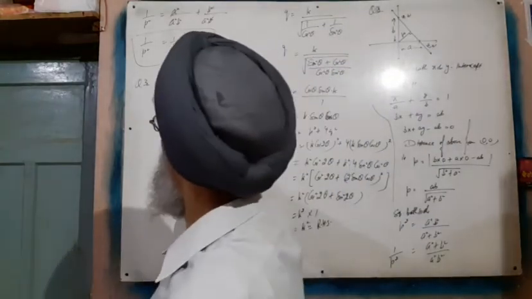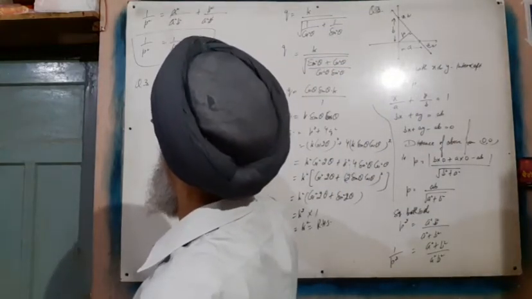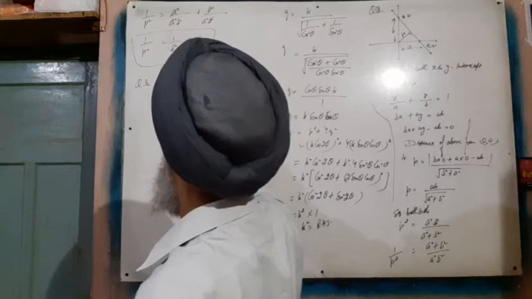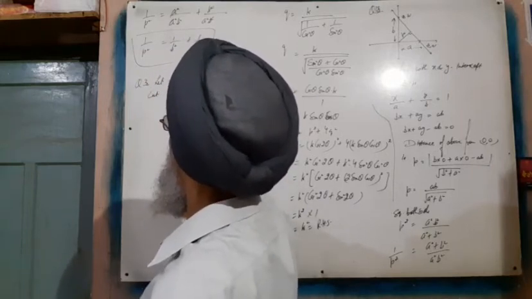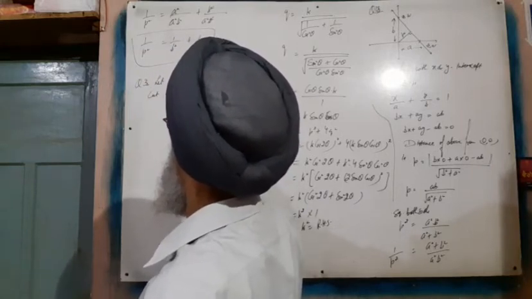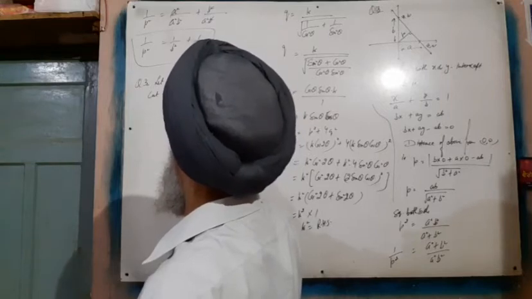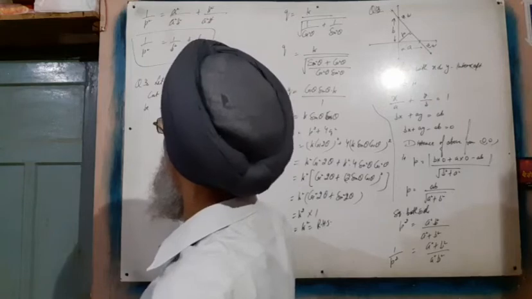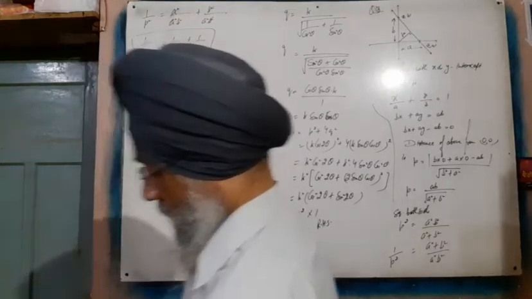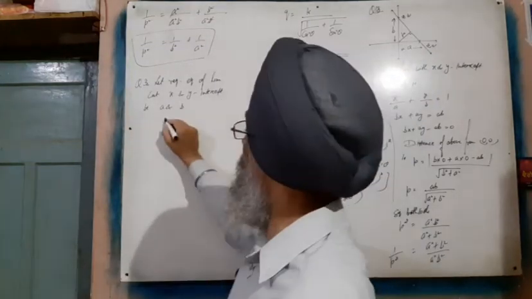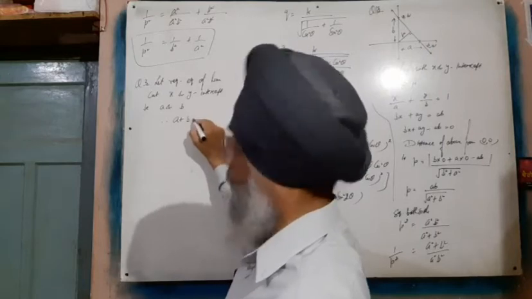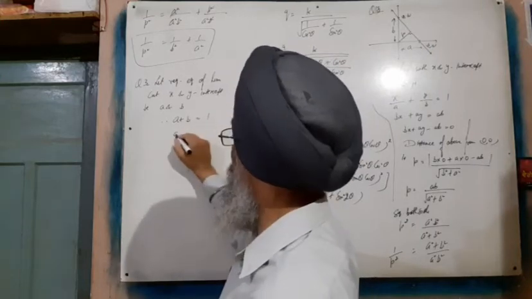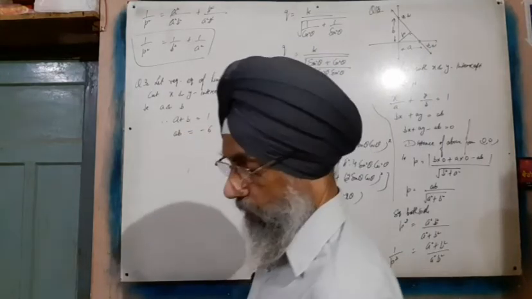Let the required equation of the line cut x and y intercepts A and B. Therefore, the sum of these intercepts is given as 1 and the product is given as minus 6.